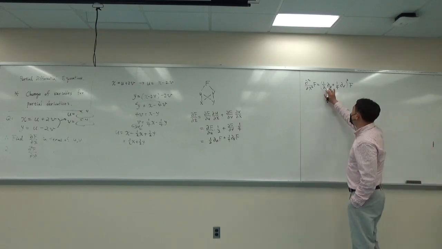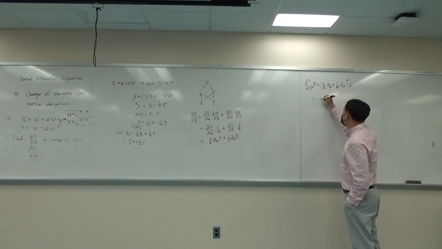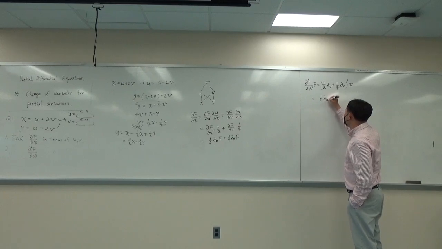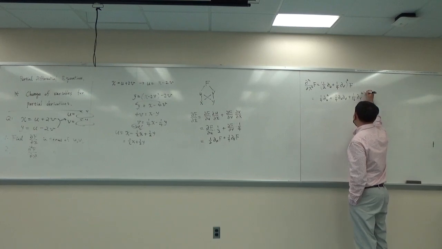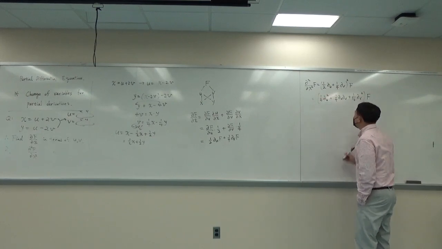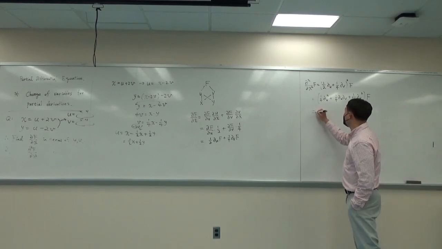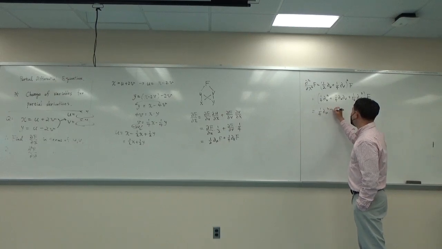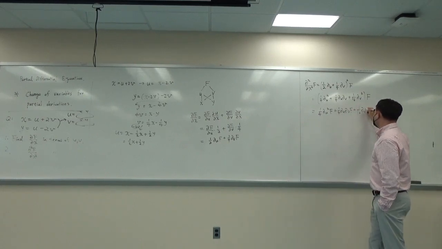But if it's only constants, then you can just expand this like a polynomial. So it's going to be 1/4 partial u squared plus this times 2, so it's 1/4 partial u partial v plus 1/16 partial v squared applied to f. So that's what the second one would be. So it would be 1/4 partial u squared f, plus 1/4 partial u partial v f, plus 1/16 partial v squared f.